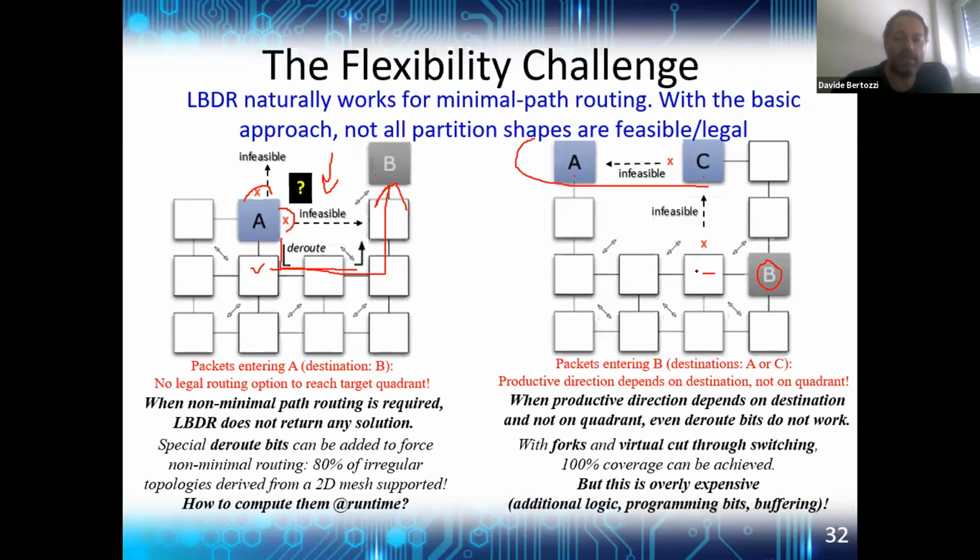Because if you take west, it's true that you will be able to reach A, but you cannot reach C, because here you find a connectivity bit at 0. So there is no unique direction for every quadrant. Actually, in this case, the productive direction is strictly destination specific, which means you would need a routing table. So it's not possible with LBDR to safely route this partition shape.